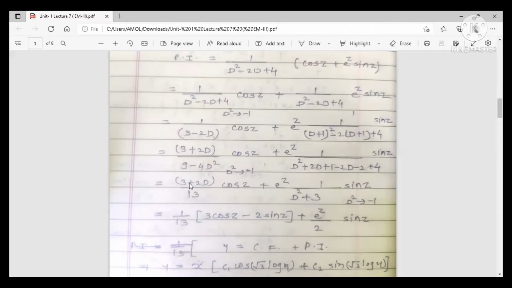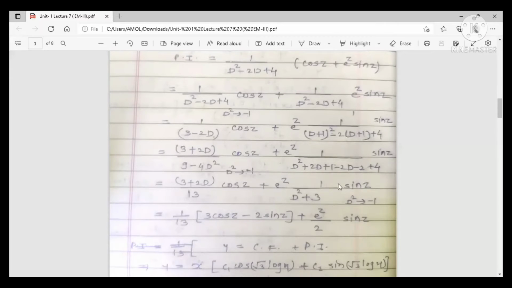Solve the bracket term 3 plus 2d for cos z: 3 cos z, plus 2 into D of cos z. Capital D means derivative and 1 by d means integration. The derivative of cos z is minus sin z, that's why there is a minus sign. Then plus e raised to z as it is.